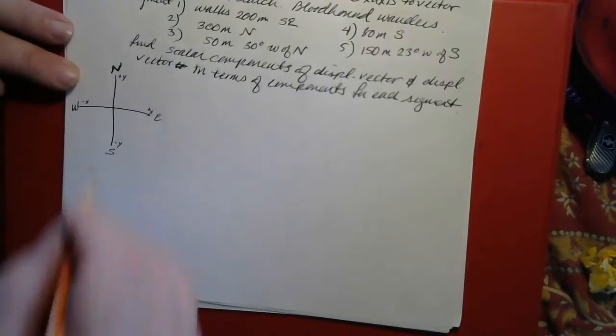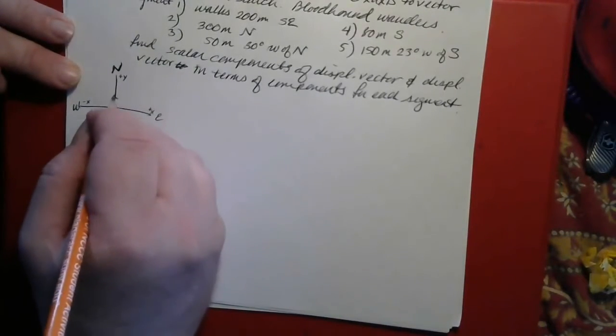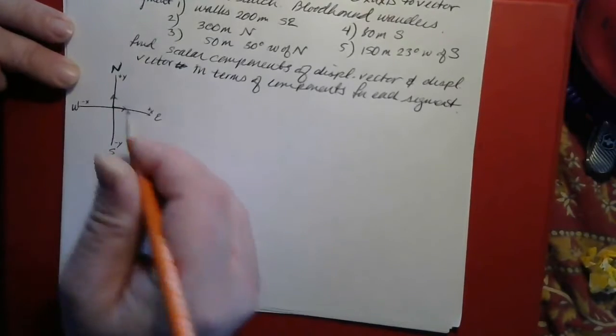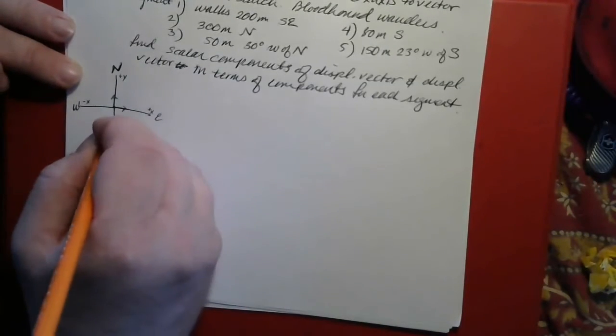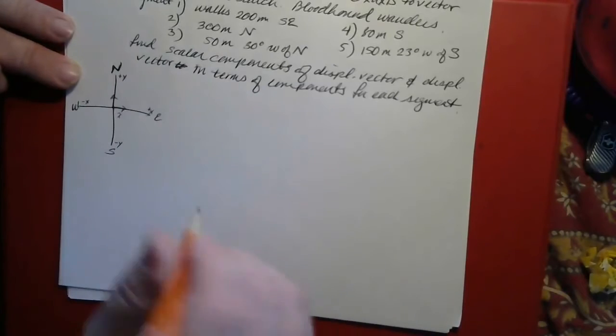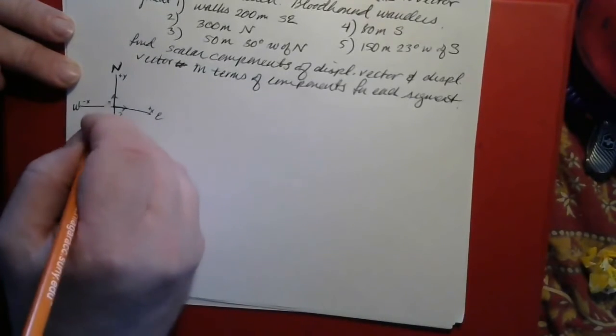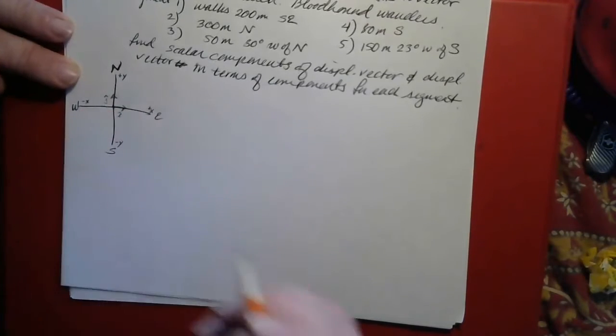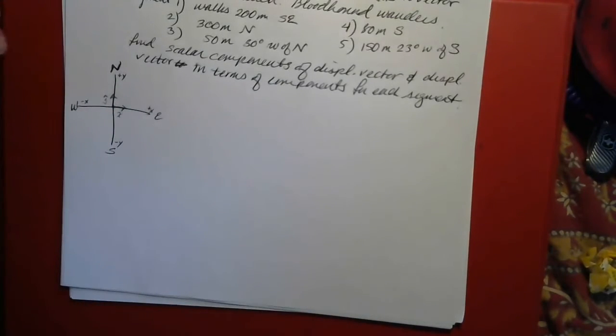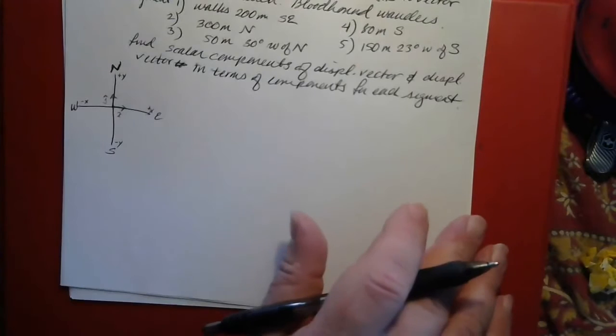And we've got our unit vectors i and j, i being the unit vector in the positive x direction, and j being the unit vector in the y direction. Okay, so that's what we're dealing with here.